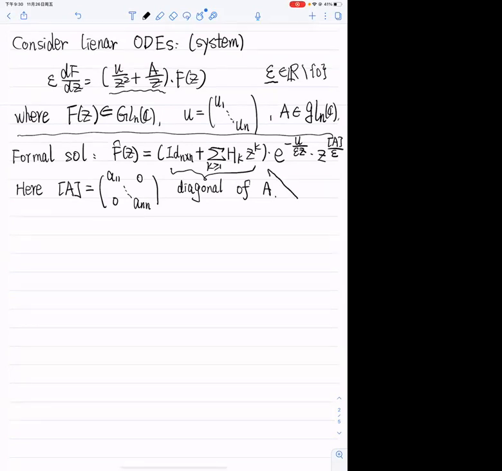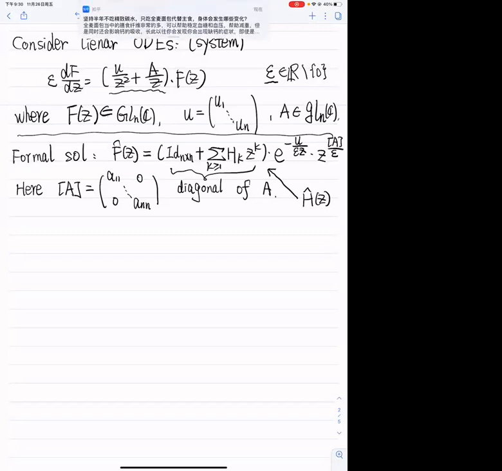Let us call the formal power series H hat of z. Since bracket A takes the diagonal part of A and the matrix U is diagonal, this formal solution says that H hat is a formal gauge transformation to diagonalize our system.